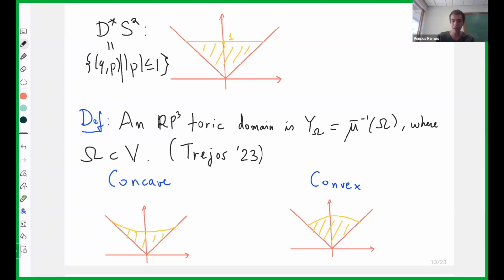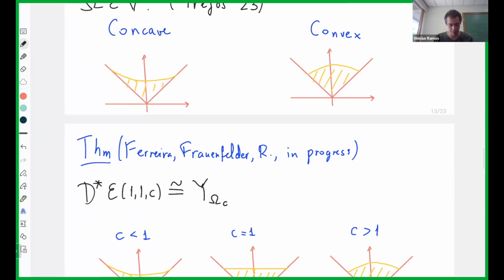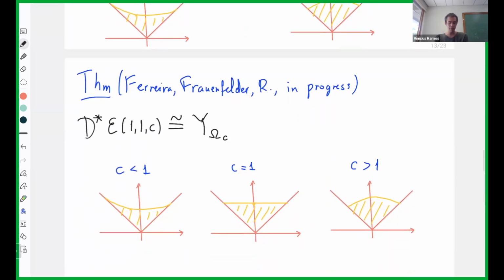So we can talk about concave and convex RP3 toric domains. What we can prove in an upcoming paper with Brian Ferreira and Urs Fuchs is that the disk bundle of the ellipsoid of revolution, the entire thing, is symplectomorphic to one of these domains.